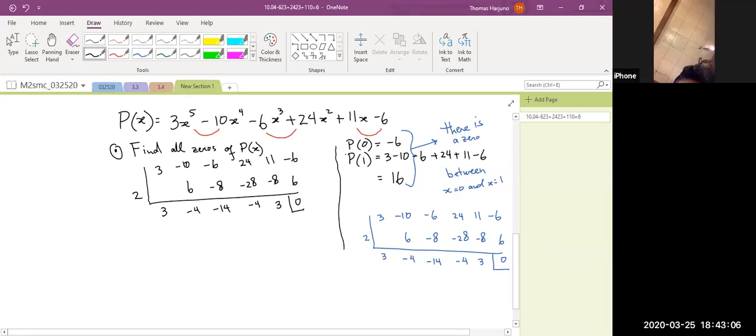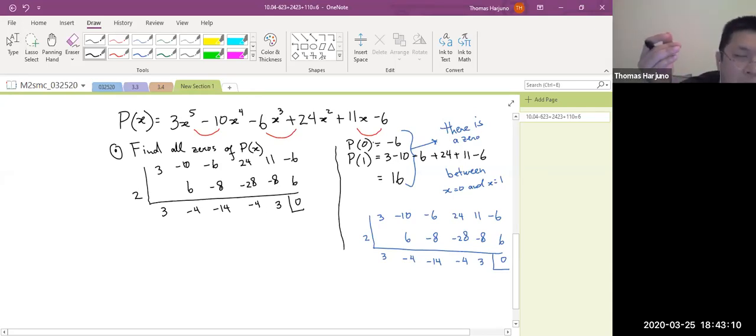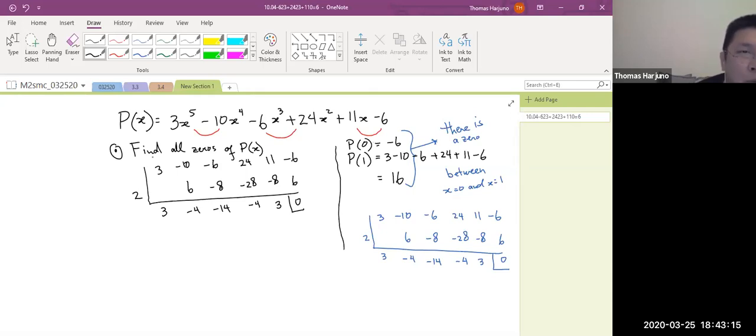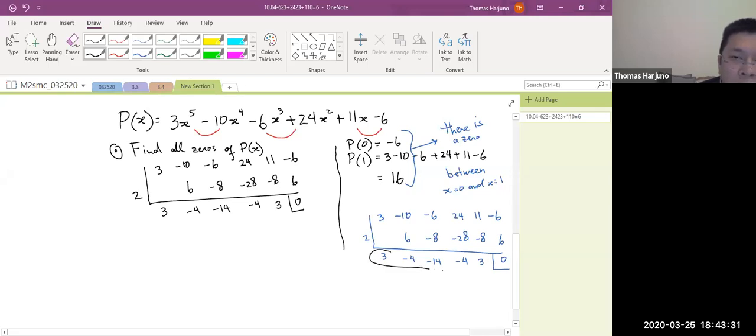Now, is it possible that 2 is another 0? We see 2 is a 0, but it happens only once so far. Is it possible that 2 is a 0 with multiplicity of 2? Can 2 be another 0 from this polynomial?